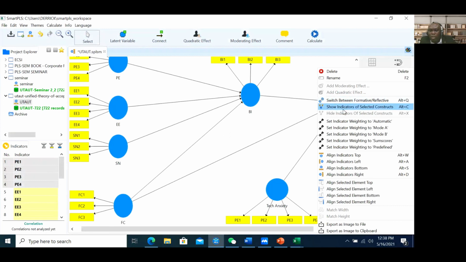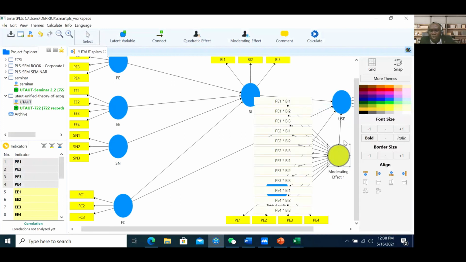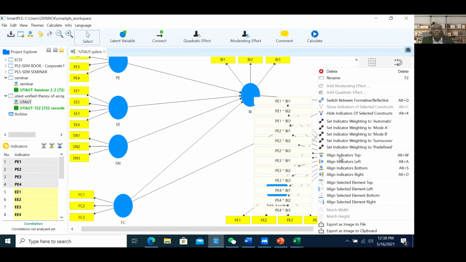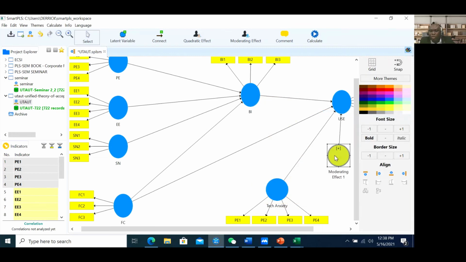So you see, if you take the product indicator, it takes each of the indicators and then multiplies them with the other indicators. Whilst when you take the two-stage, it takes only the latent variables and then multiplies. Okay? Good.